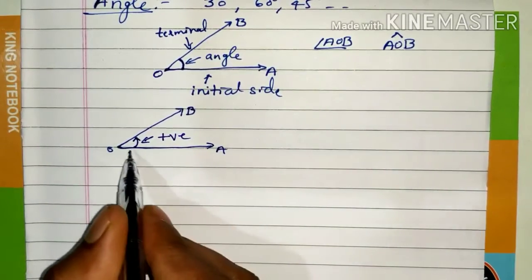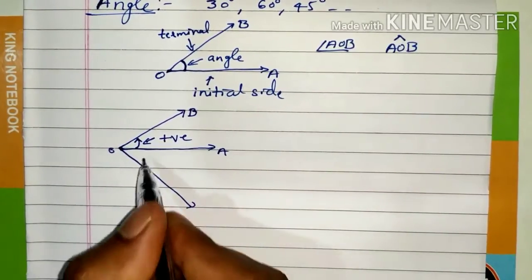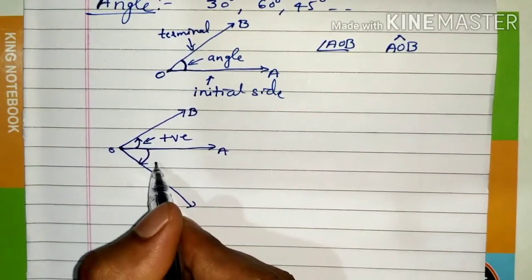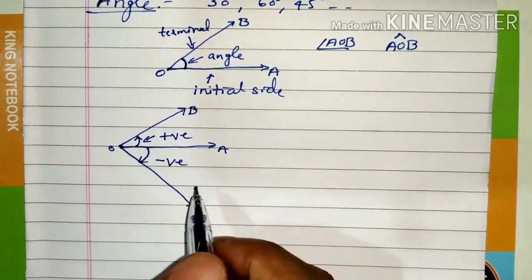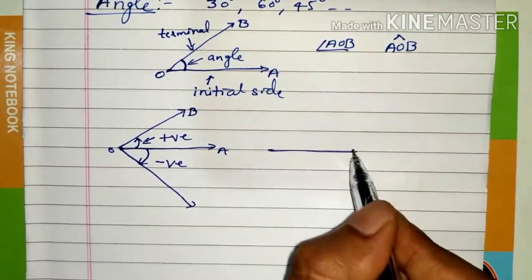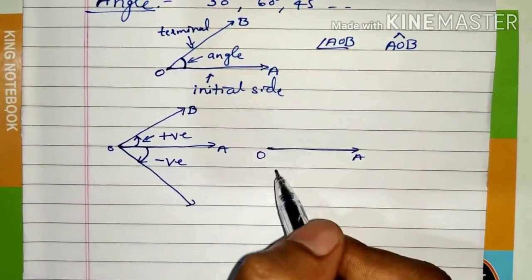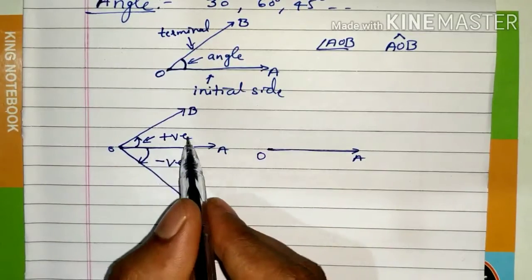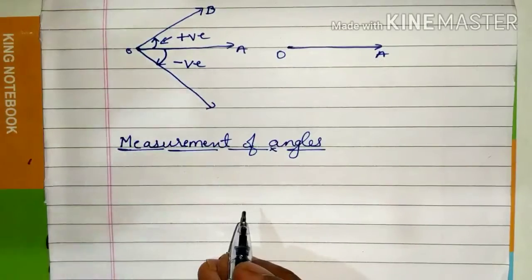And suppose this initial line rotates in the clockwise direction, then we consider it as negative angle, especially in trigonometry. And if it does not move, we consider it as zero angle. So this is positive angle, negative angle, and this is zero angle.